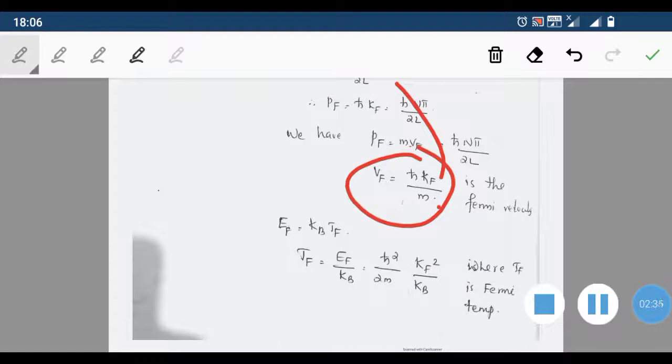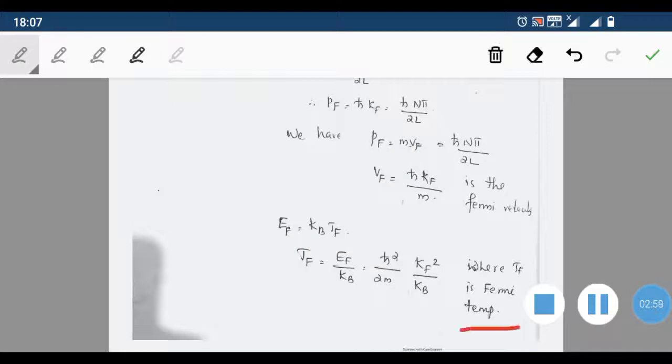So also this Fermi energy can be expressed like this, kB into TF, where this TF you can write as EF by kB, and EF is equal to ħ²/2m into kF², so TF is ħ²kF²/2m kB. And so this TF is termed as the Fermi temperature.